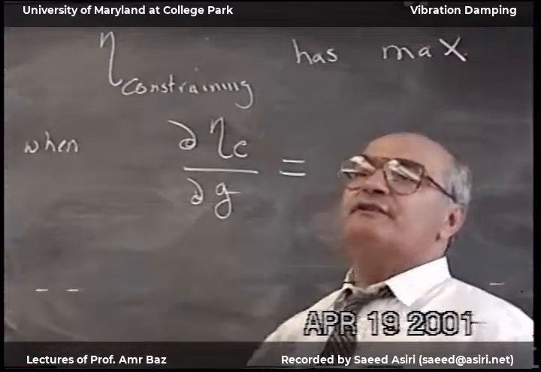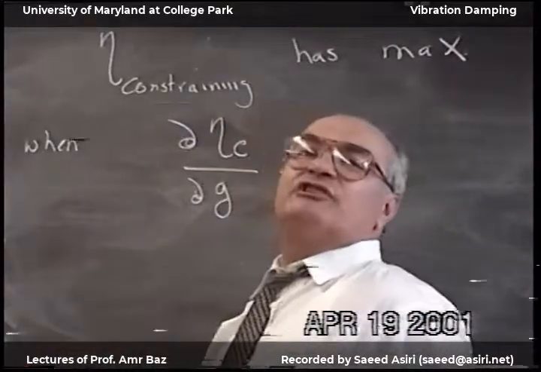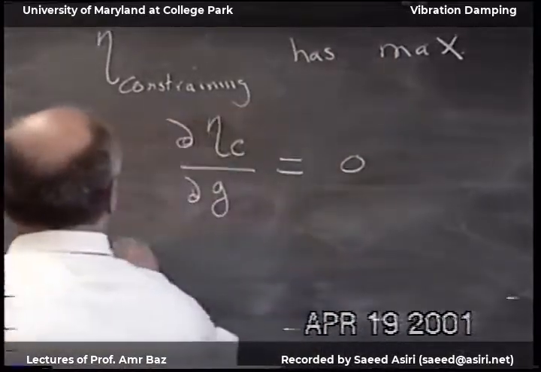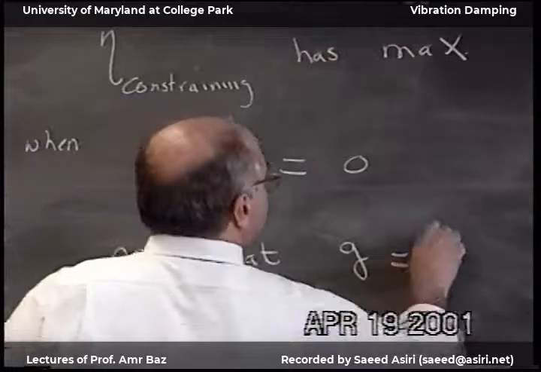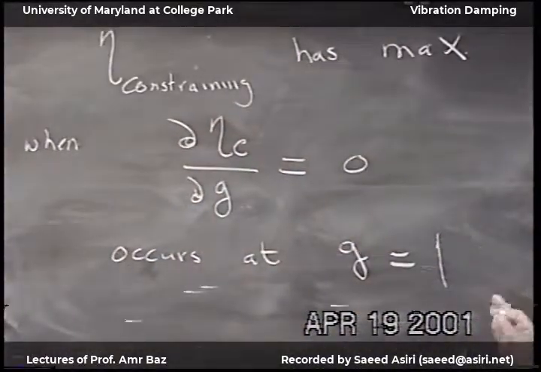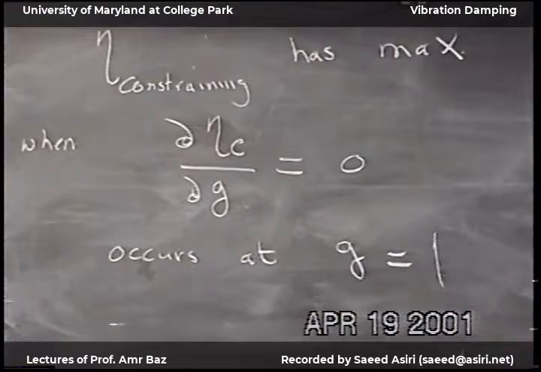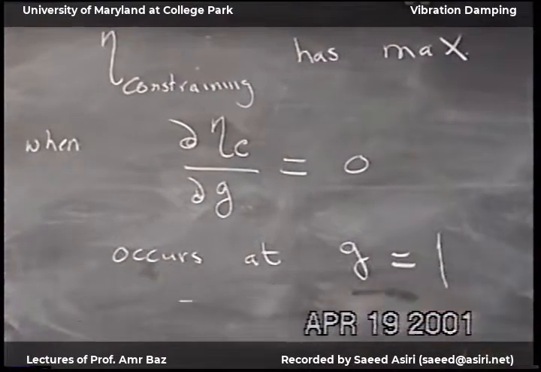And this is very easy, you can get it very directly for this case: it will be at G equal to 1. So now if you want to design a constraining layer treatment and you want to get the maximum damping for this treatment, you set G equal to 1.